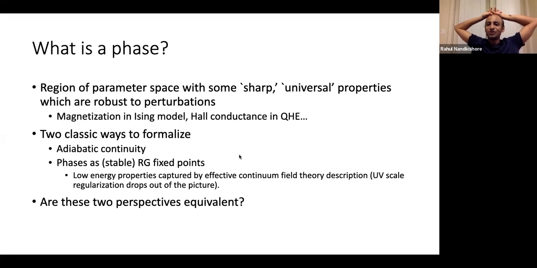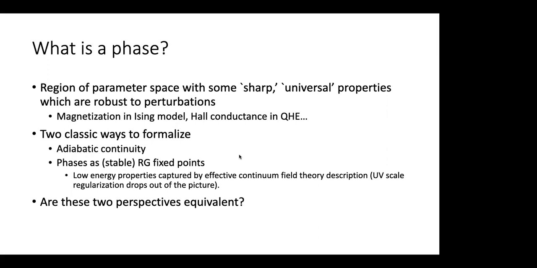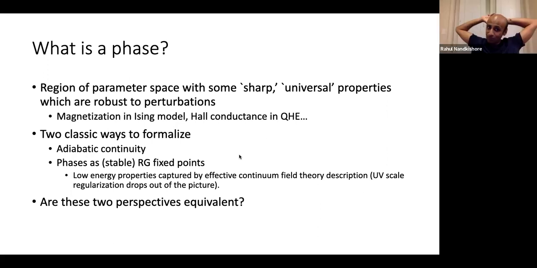You imagine doing some renormalization group procedure on long wavelengths and you flow to some fixed point. The low energy properties are captured by some effective continuum field theory, and every phase corresponds to some stable fixed point. So these are two classic ways to think about phases. Are they actually equivalent?